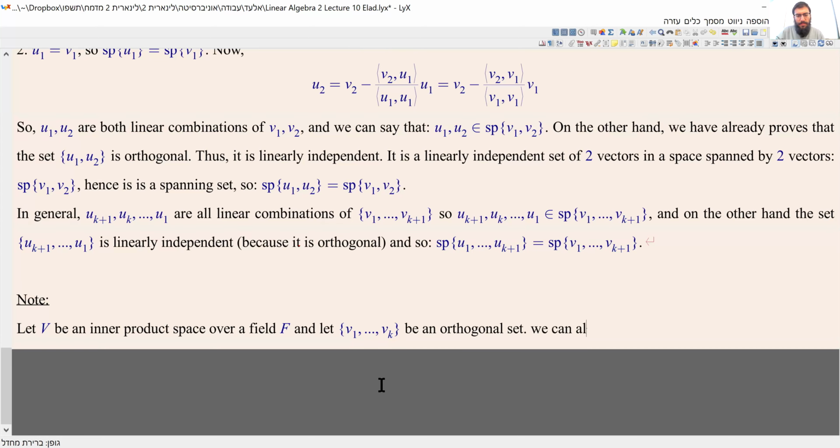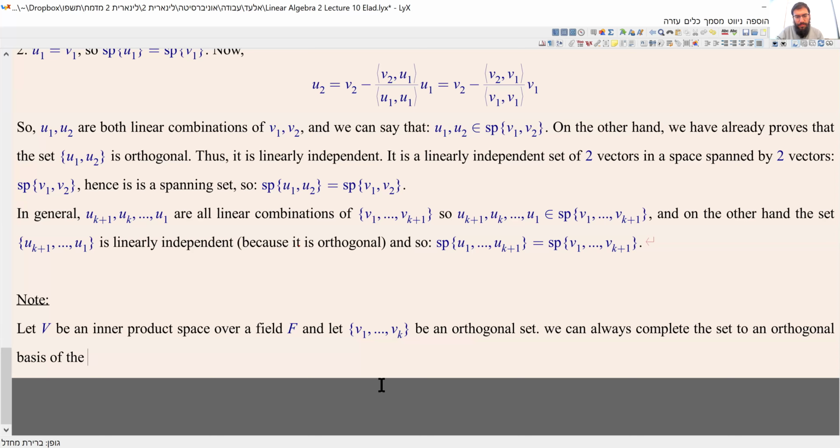We can always complete the set to an orthogonal basis of the space V.